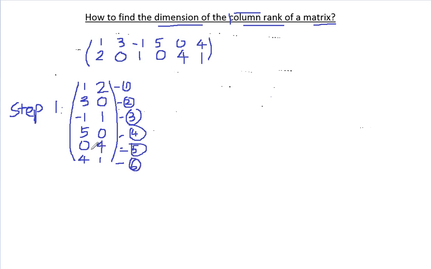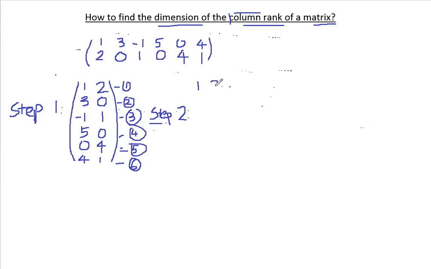Now you can see here in row 5, the first column has a 0 entry, so we swap row 5 with row 6. Step 2 means let's do our swapping.